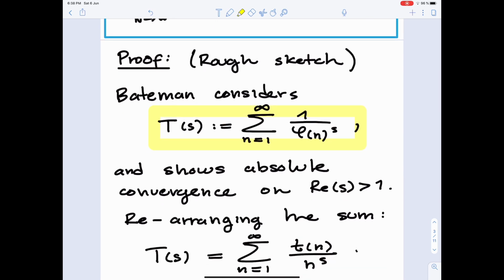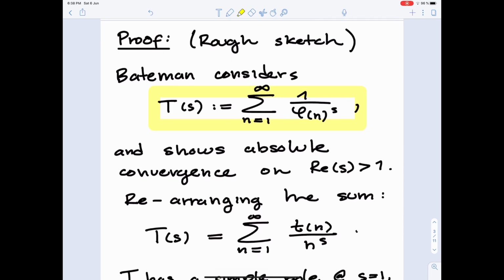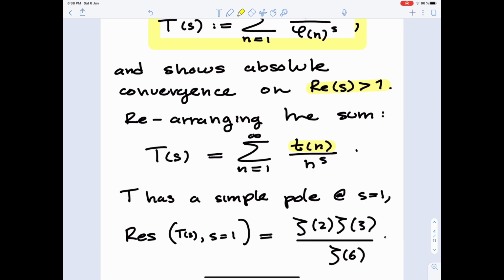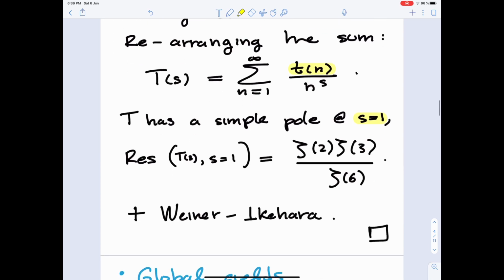He shows that this series converges absolutely on the right half plane real part of s greater than 1. And using absolute convergence, he rearranges the sum to obtain the totient multiplicity as a coefficient of the Dirichlet series. He then shows that T has a simple pole at s equals 1, and he is able to calculate this residue, which gives exactly zeta of 2 times zeta of 3 over zeta of 6.